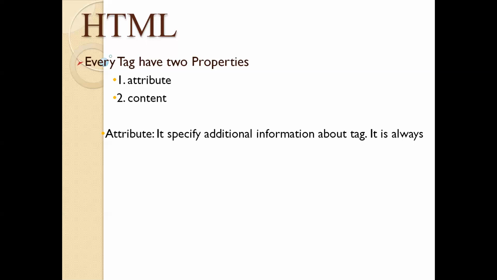So the attribute is used to have some additional information about the tag. It is always defined in the starting tag. Very, very important: attributes are not defined in the end tags. Each and every attribute should be defined in the starting tag only. And it is made up of two parts: the name of the attribute and the value of the attribute.